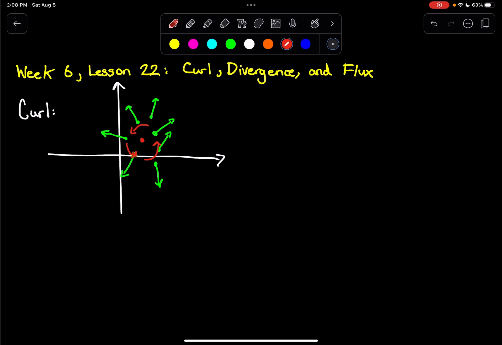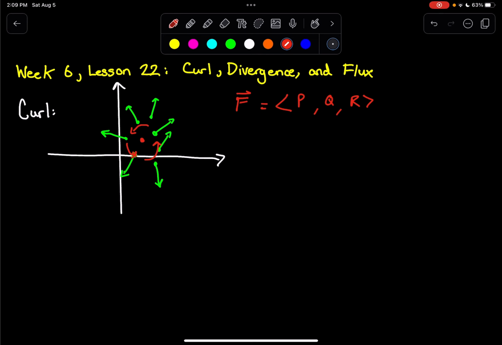So these tools that we're going to build up today are ways of further breaking down a vector field and analyzing some properties about it, because a vector field could represent the flow of water, the flow of air, things like that, and it's cool to have some sort of vector function that describes a vector field. If we had a 3D vector field, we'd have some P, Q, and R components, but it would be really cool to get some more information about it.